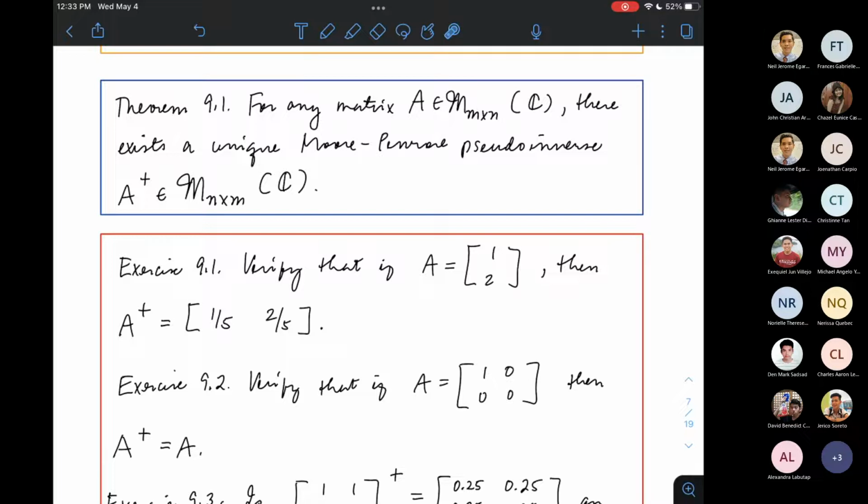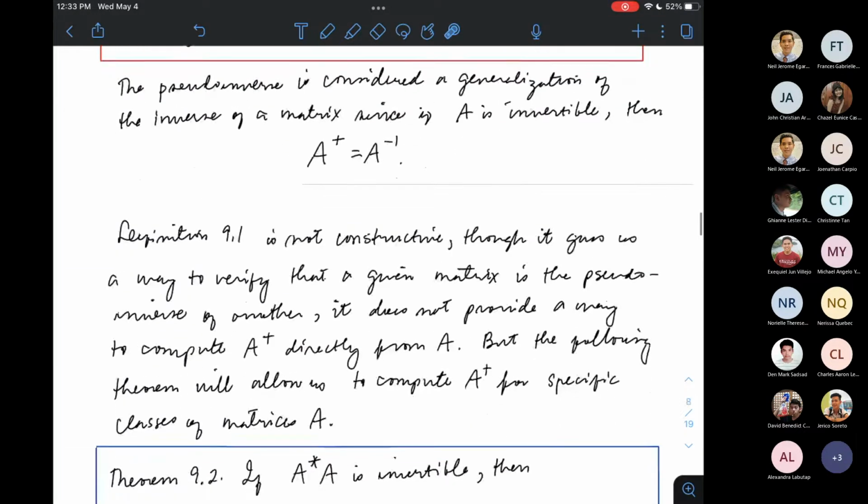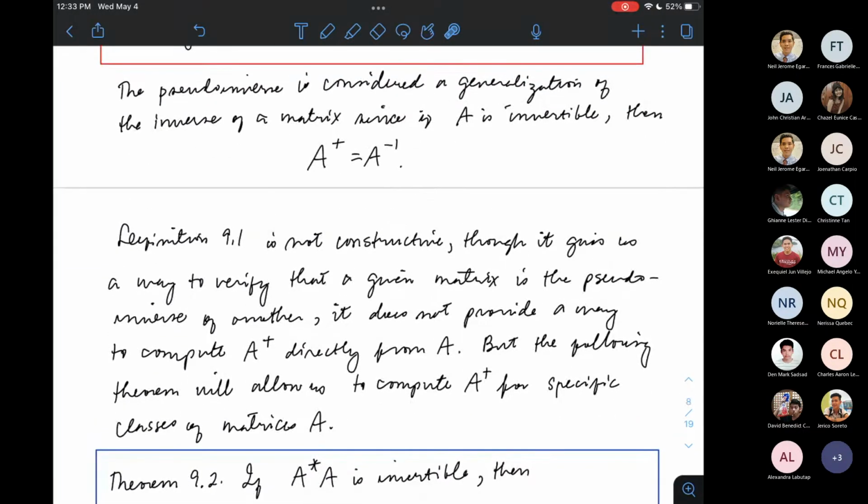Pero, okay, with that in mind, siguro ngayon pwede na nating tingnan paano nga ba mag-compute ng pseudo-inverse ng isang matrix. Tapos titingnan natin paano natin siya magagamit para mag-solve ng linear systems. But first, I have here a remark which tells us bakit natin siya masasabing isang generalization ng matrix inversion. It is a generalization because if the matrix A is invertible, ang pseudo-inverse niya ay yung inverse niya. Kung meron kang non-singular matrices, meron na silang inverse, so it doesn't make sense to give another value for the pseudo-inverse.